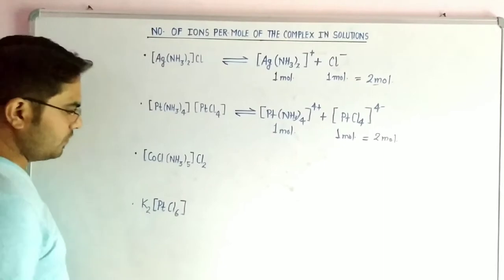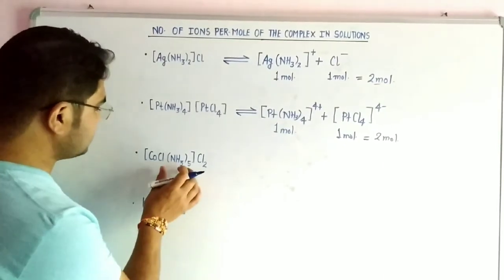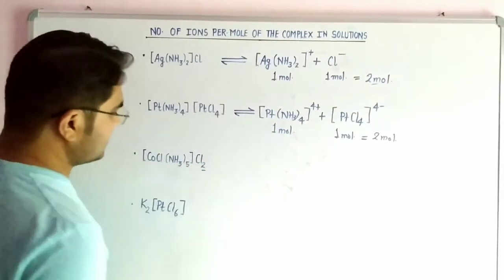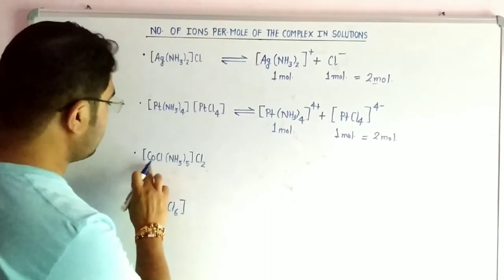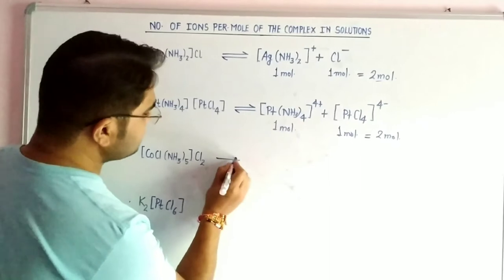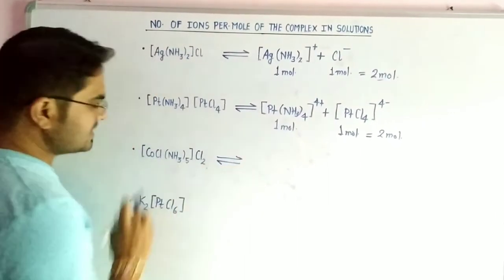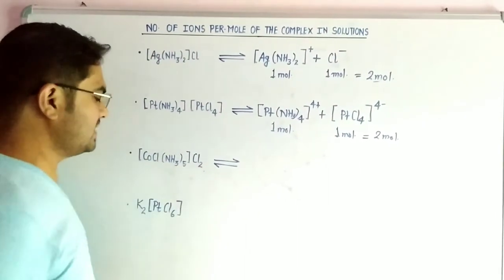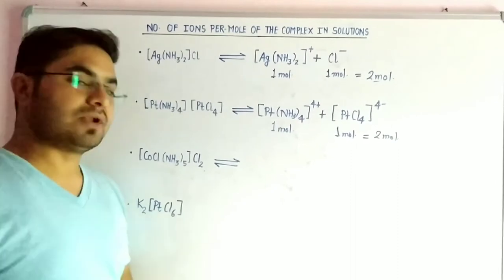Now move to the next, the complex where the ionization sphere is present along with the coordination sphere. In the coordination sphere there are different ligands, but the ligands present in the coordination sphere are not ionized.